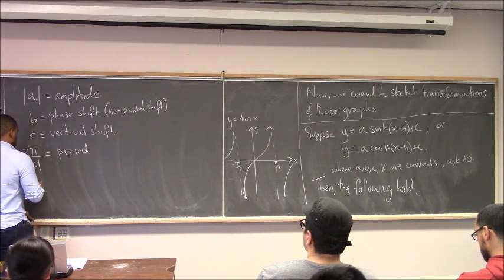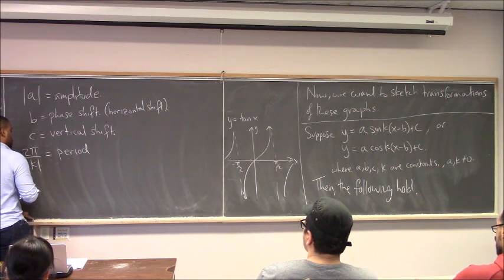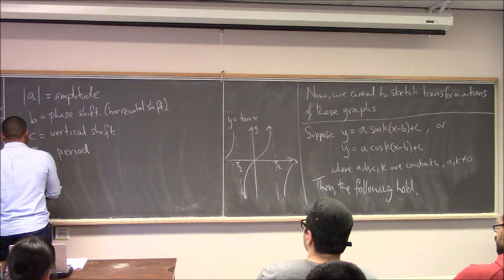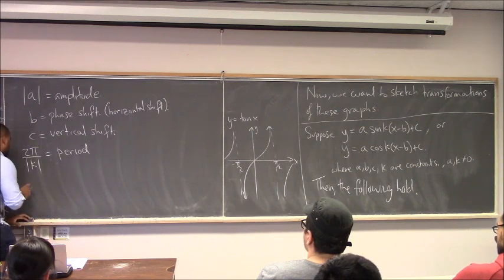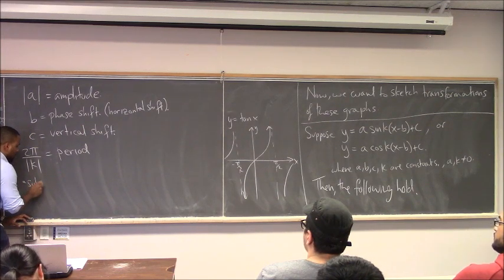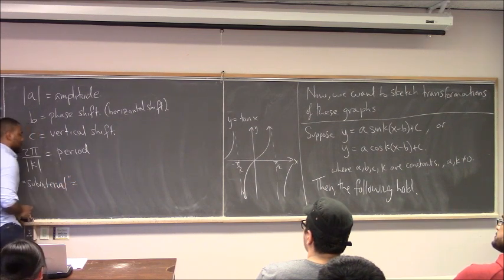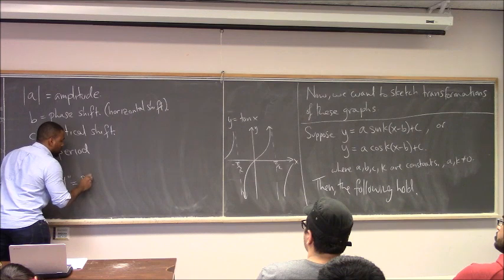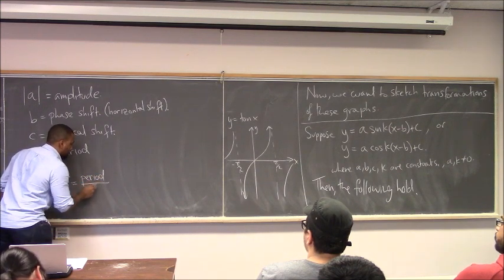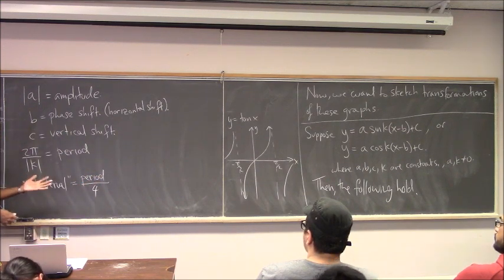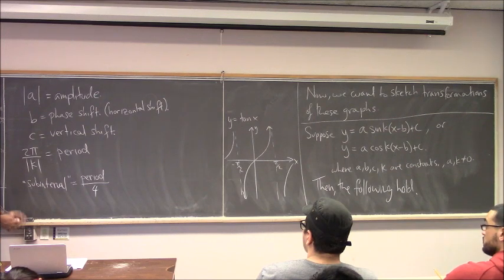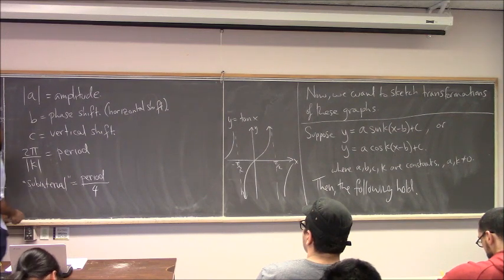What is the next thing I wanted to talk about? I'm going to call something a subinterval. I'll explain what this means. I don't even know if that's the actual name for it. It's the period over 4, because as you'll see, you can think of sine and cosine graphs as coming in 4 distinct parts.